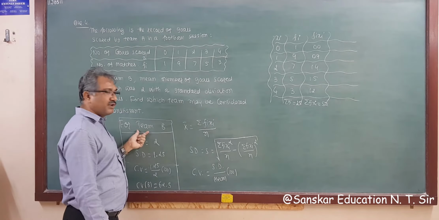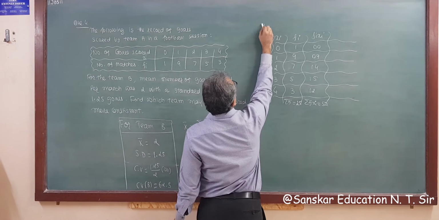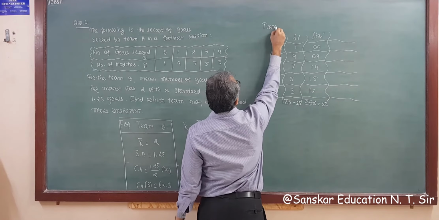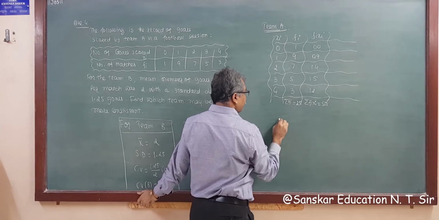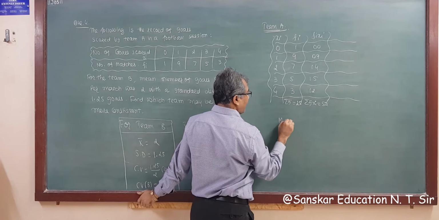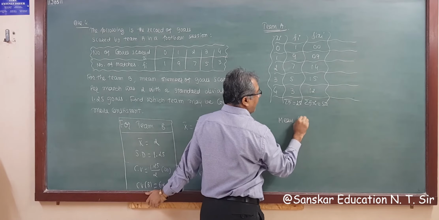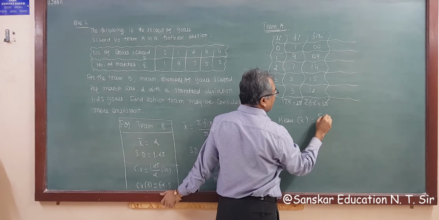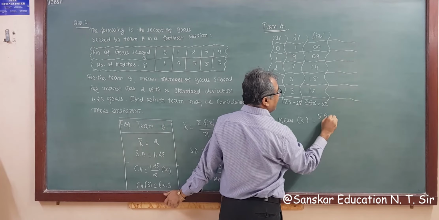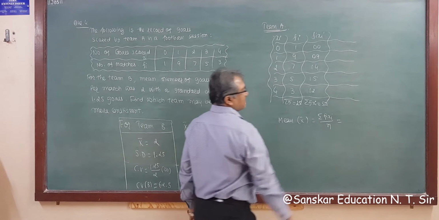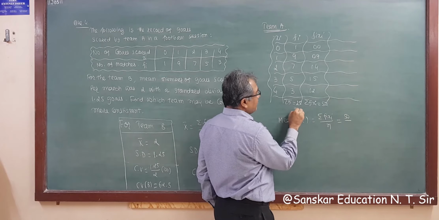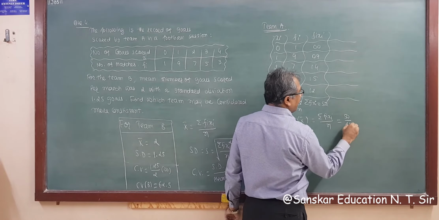Already we finished team B. So this is for team A. Mean x bar is equal to sigma fi xi upon n. Now sigma fi xi is 50 divided by n, that is sigma fi, which is 25.